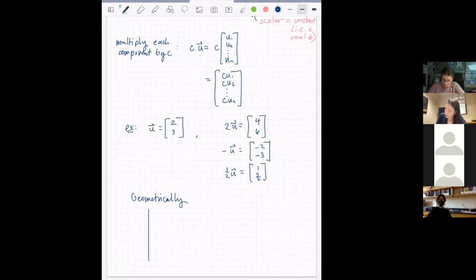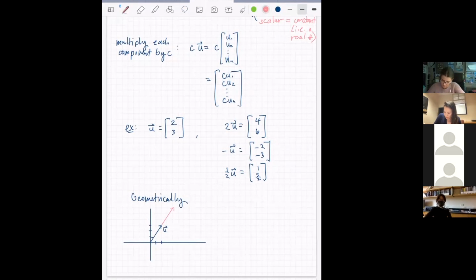Okay. And then if we think about what this does geometrically, we can again picture this. Starting with our vector 2, 3, let me move this over just a little bit. Here, so over 2, up 3. Here's u, right? And I'll label that here. When we multiply by 2, that stretches it to, let's see, 4, 6, right?